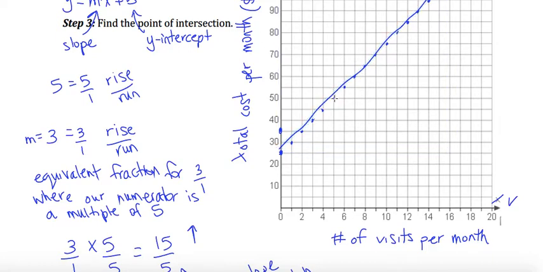All right, so I'm going to remember that. Then I'm going to go up 5, 10, 15, across 1, 2, 3, 4, 5, right there. So this right here is our other point. Again, same thing.